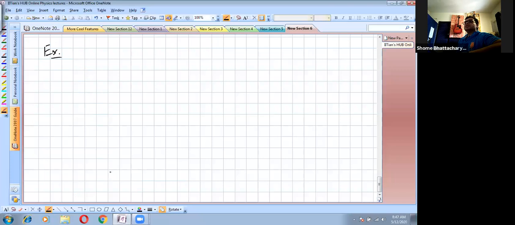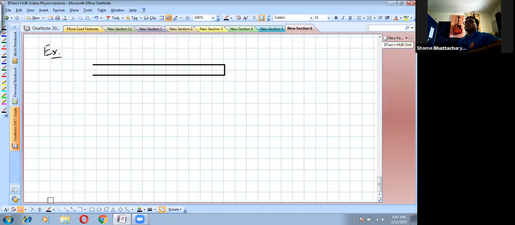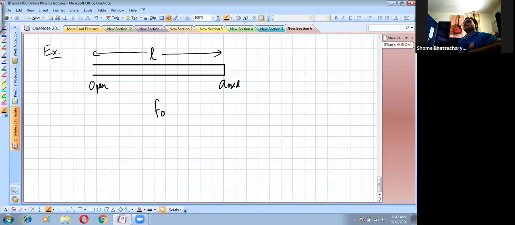So in this example, what is happening is, if we have an open organ pipe of length L. Now this is such that the fundamental frequency for it is, let us say, 240 hertz.